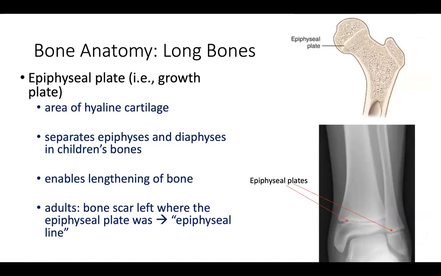And then the last thing about long bones that I want you to be familiar with, and we'll talk about again when we talk about how bones actually grow, is the epiphyseal plate. It's also called the growth plate, indicating that this is where long bones actually grow in length. So when you were 2 years old, your bones were a lot shorter than they are now.